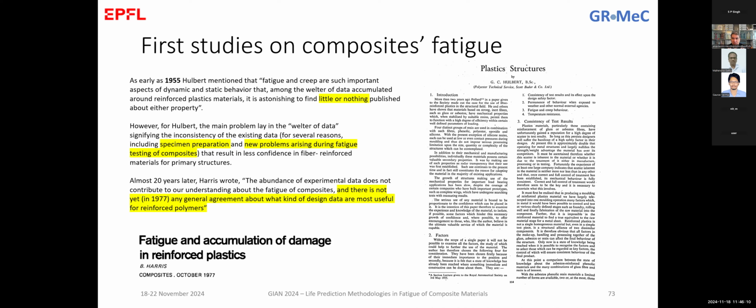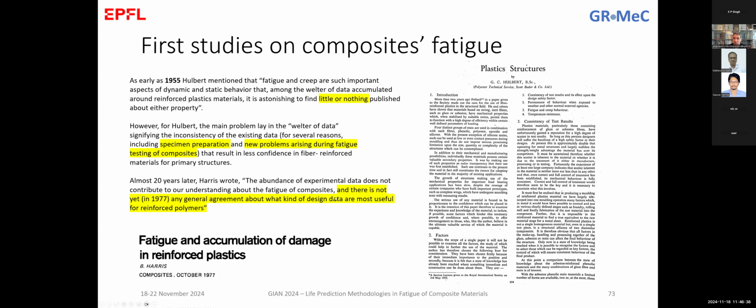Usually this investigation is done locally, and there is no connection between similar investigations somewhere else, and there is no common understanding of the results, and there is no common agreement about the methods that have to be used to achieve a complete and accurate fatigue life modeling and prediction. So these are topics that have circulated along the years.